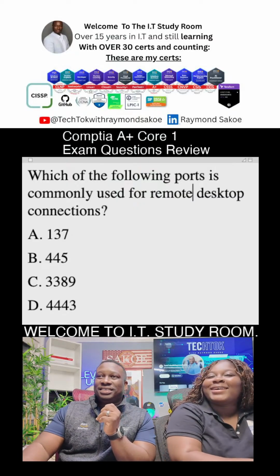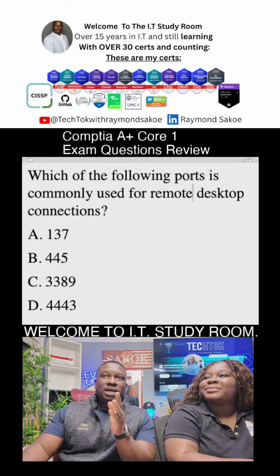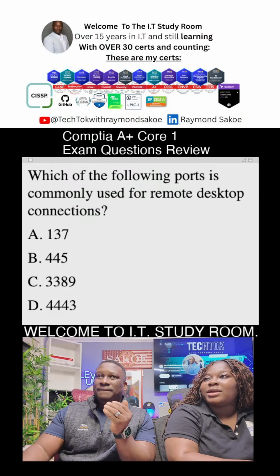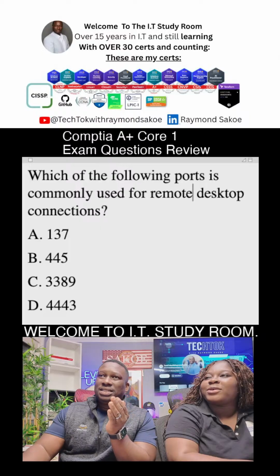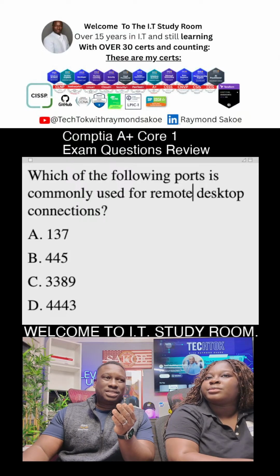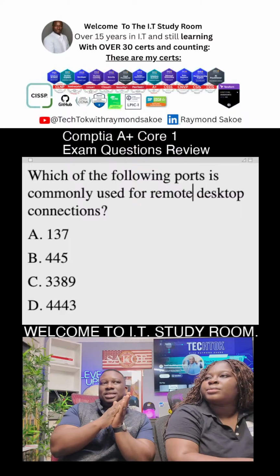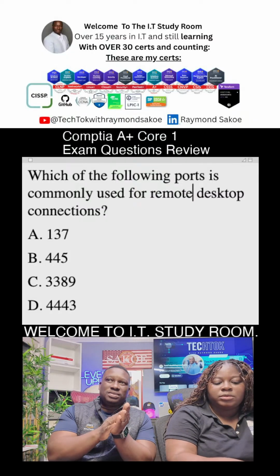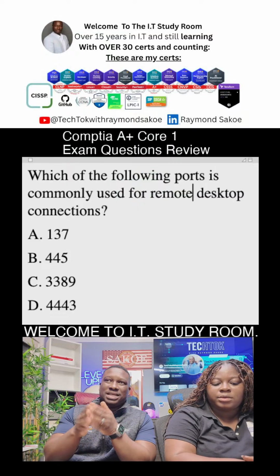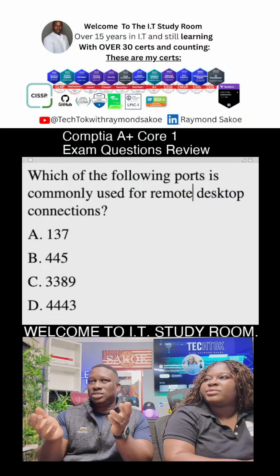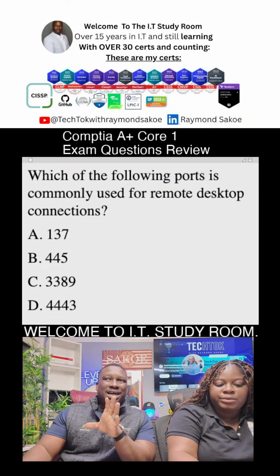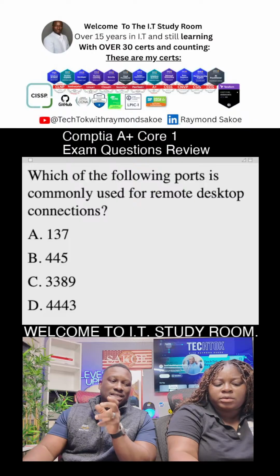Anyway, I mean the other options. Somebody said A. Hi, Jeff. A is NetBIOS name services. So it's similar to DNS, but for Windows, right? So that is not used for remote desktop. Okay. 445 is SMB, right?